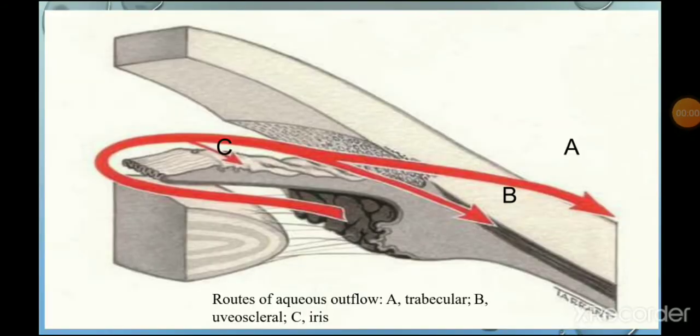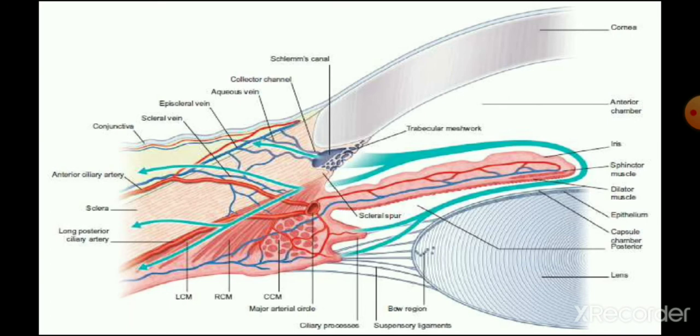In the diagram you can see the routes of aqueous outflow: A is the trabecular route, B is the uveoscleral route, and C is the iris route.